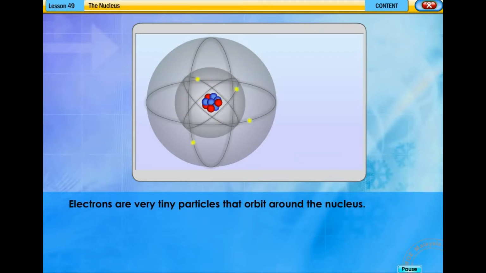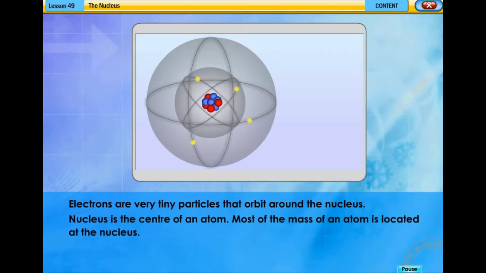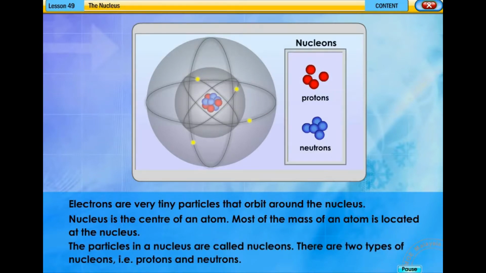Electrons are very tiny particles that orbit around the nucleus. The nucleus is the center of an atom. Most of the mass of an atom is located at the nucleus. The particles in a nucleus are called nucleons. There are two types of nucleons, that is, protons and neutrons.